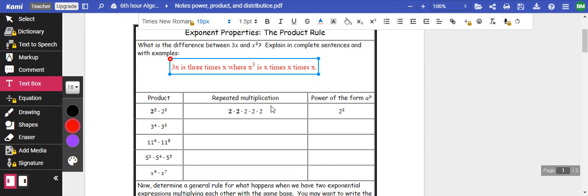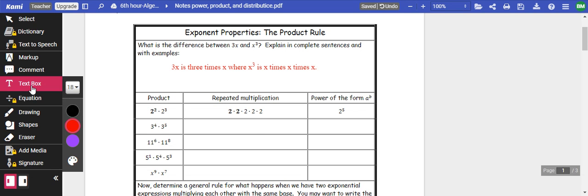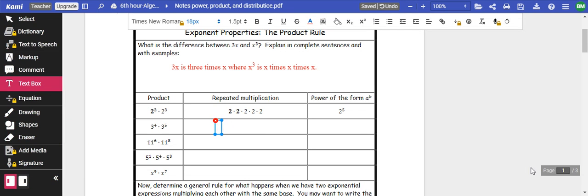So we're going to look right here at the product property. We've got one example, 2 squared times 2 to the third. We've got 2 times 2 times 2 times 2 times 2, which gives us 2 to the fifth. We are going to do that same thing. We've got 3 to the fourth, so that's 3 times 3 times 3 times 3.